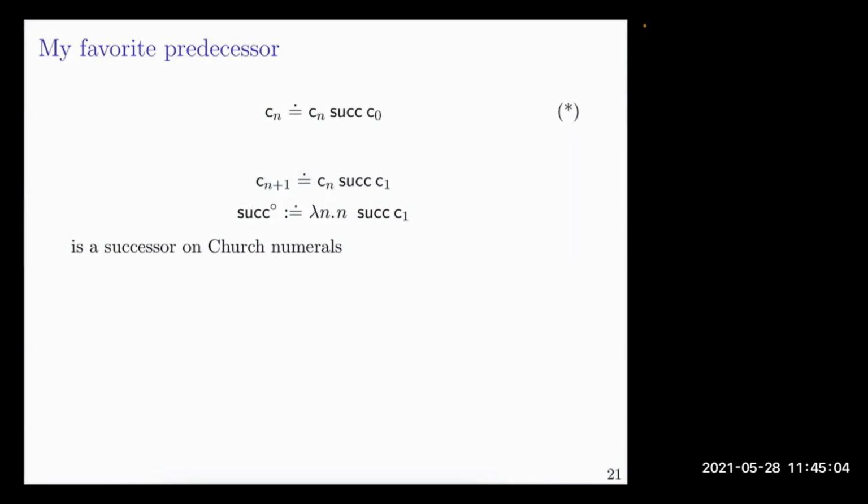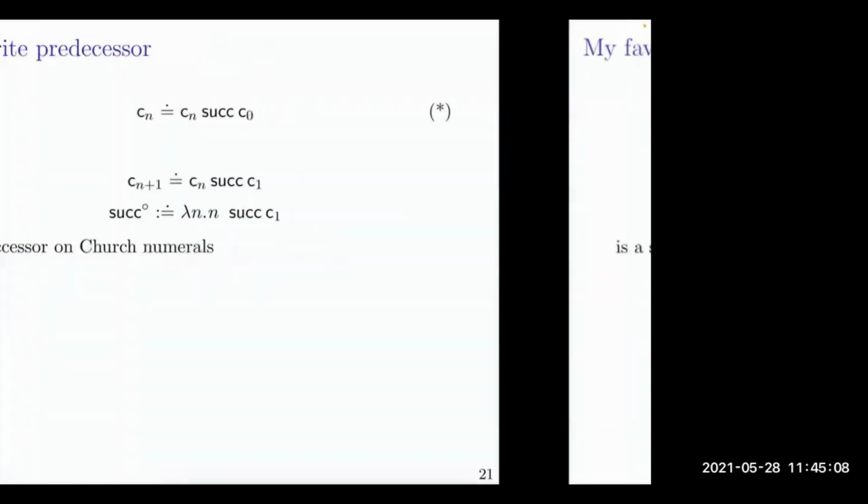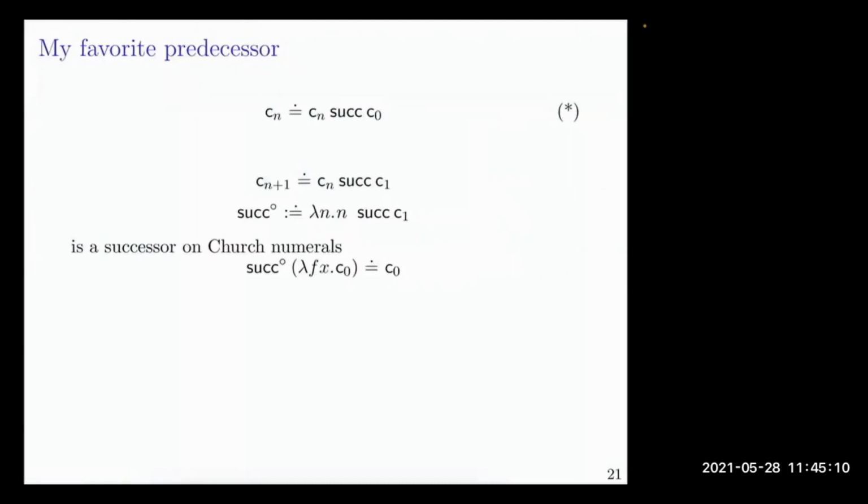But of course, we can apply it to things other than Church numerals, right? For example, if we apply it to this particular term, which takes two arguments, ignores them, and returns C0, then obviously the result would be C0.